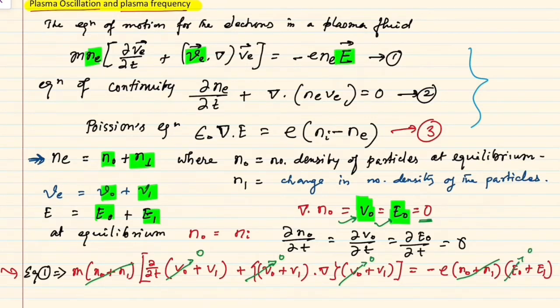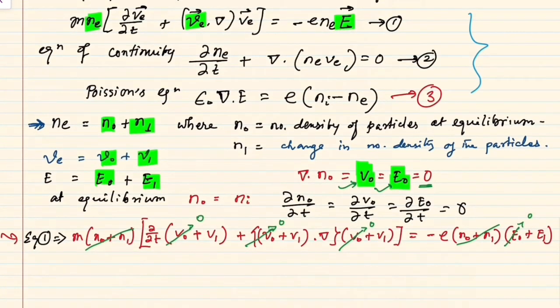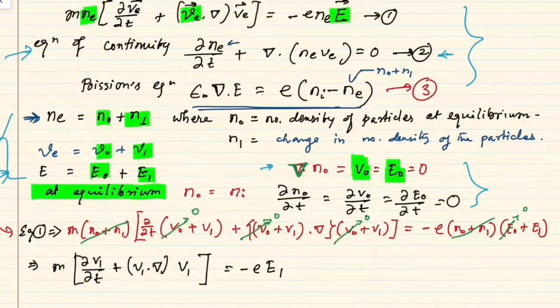If these are 0, then this equation is reduced to M del V1 by del T plus V1 dot del into V1, in bracket, then minus E1. As you can see, this term is a second order term.